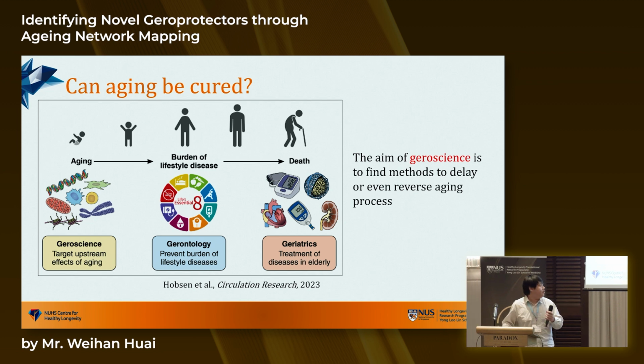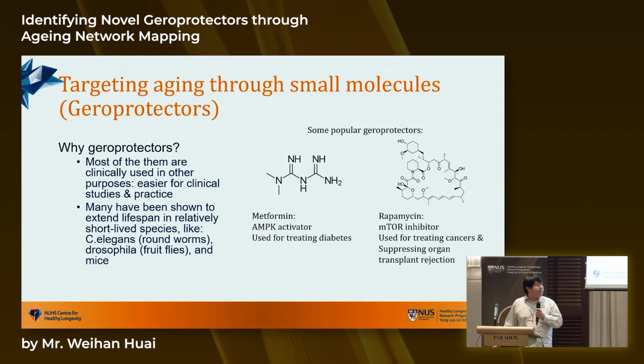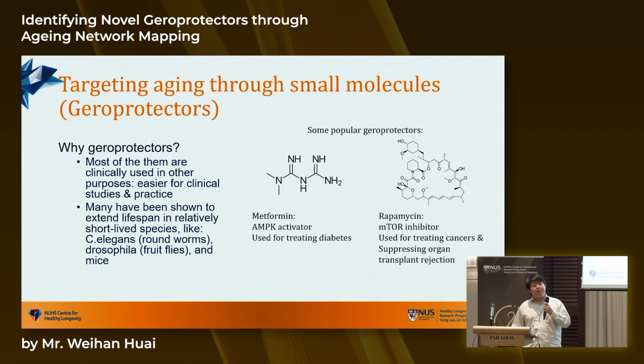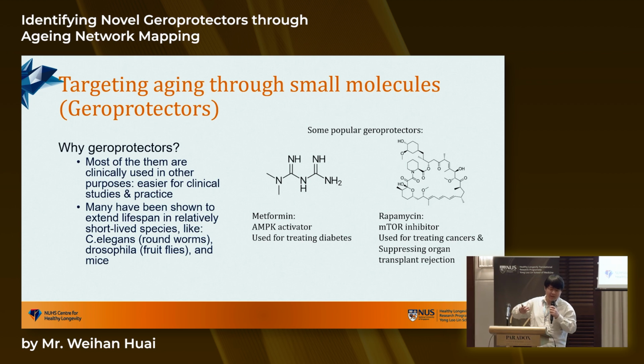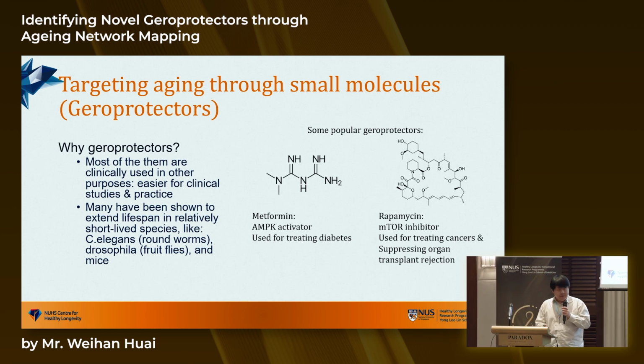So there are many ways to achieve this, but today I'm just going to talk about one topic, which is small molecules. And we term them geroprotectors, where gero means old in Greek or Latin, I don't remember. These small molecules have been shown to extend lifespan in many model species, from lower ones such as yeast, to higher ones such as mice.